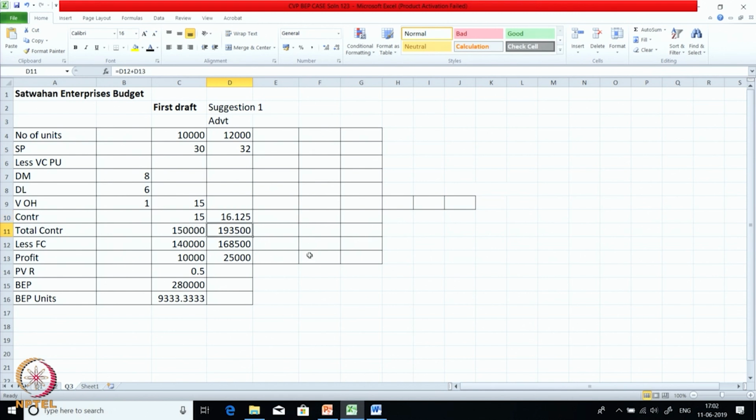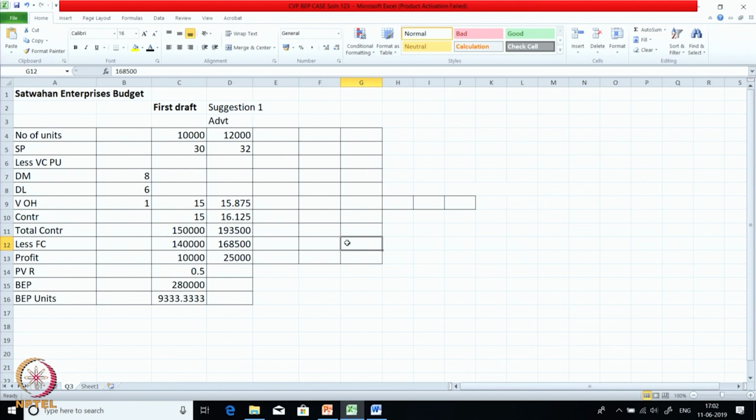The total contribution which you must earn is 193,500 divided by 12,000, which will give you 16.125. You know the new selling price, which is 32. So 32 minus 16.125 means your variable cost should be 15.875.